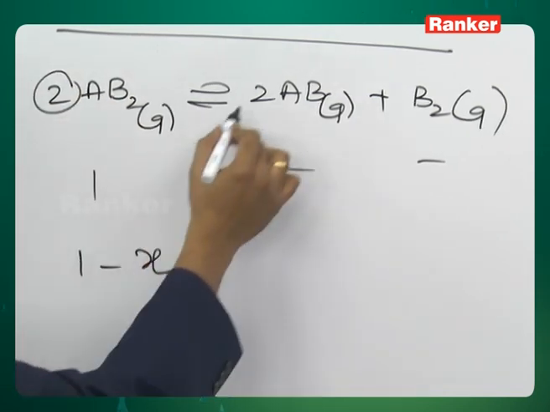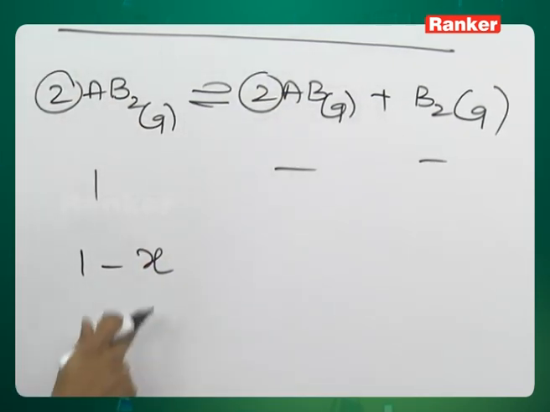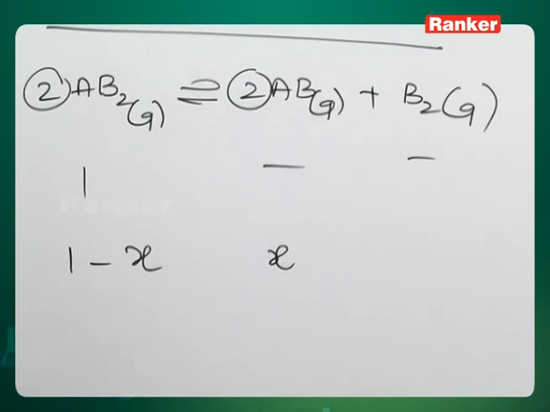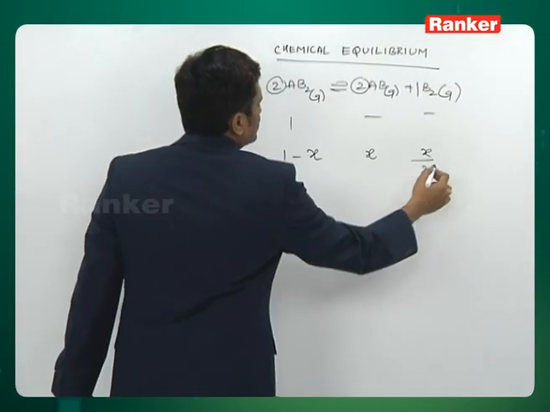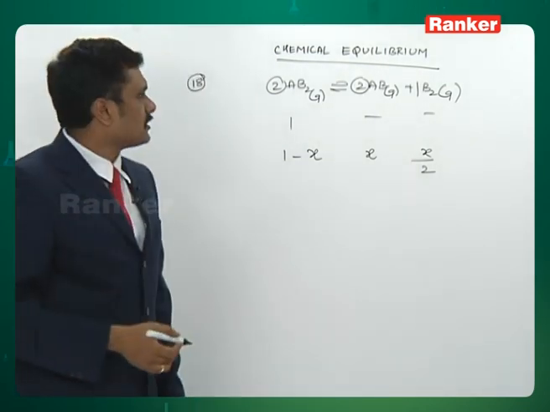For every 2 moles of AB2, you are getting 2 moles of AB. So for every x moles you can anticipate x moles of formation, whereas for every 2 moles you are getting only 1 mole. For every x you can expect the formation of x by 2 amount of B2.